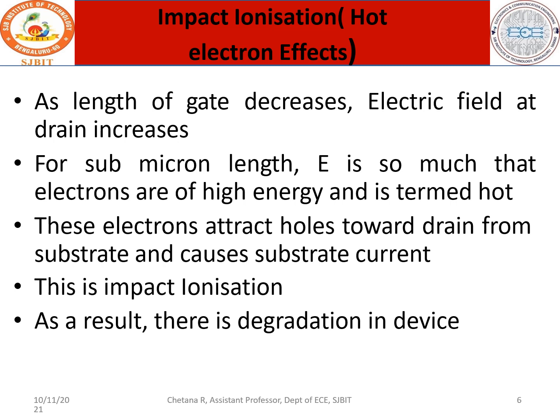For submicron length, because we are considering micrometers, E is so large that electrons are of high energy and are termed hot. So when the length is reduced from millimeters to microns, the field is so strong that the electrons are of high energy, and they are termed here as hot.